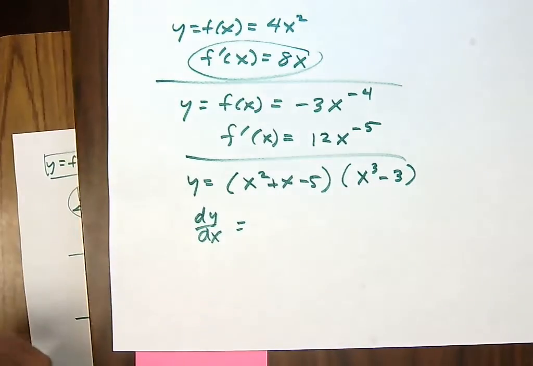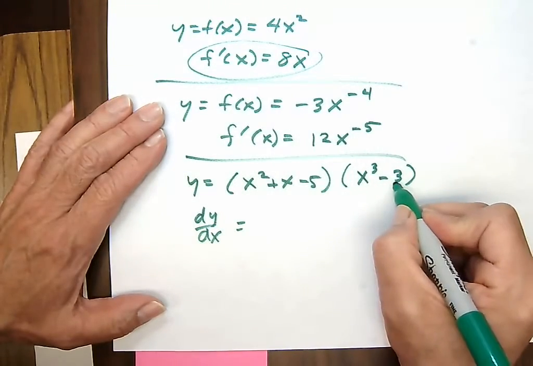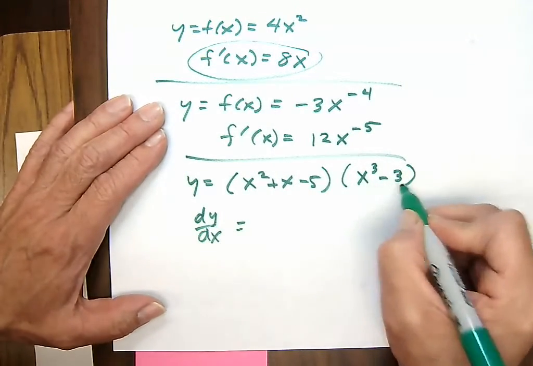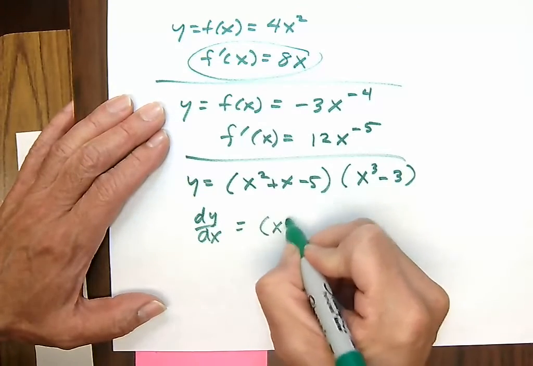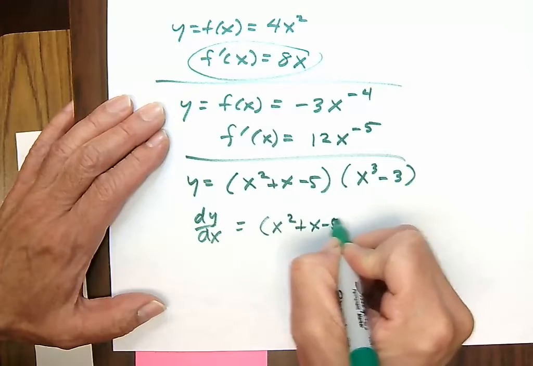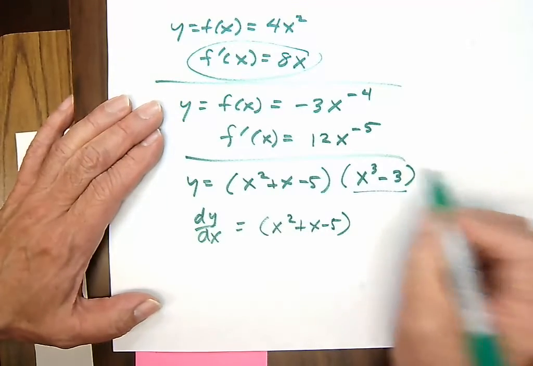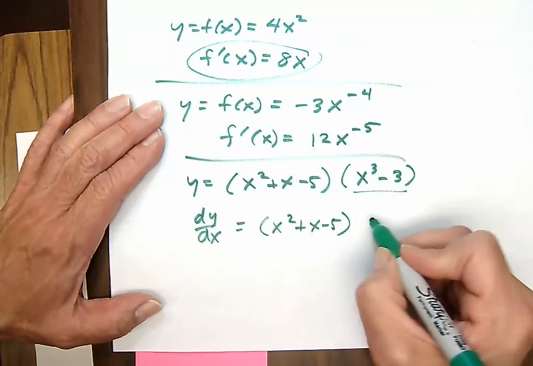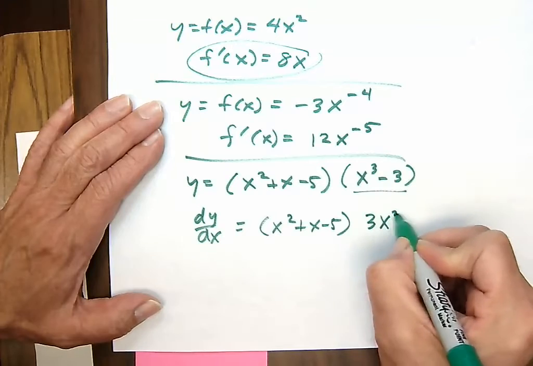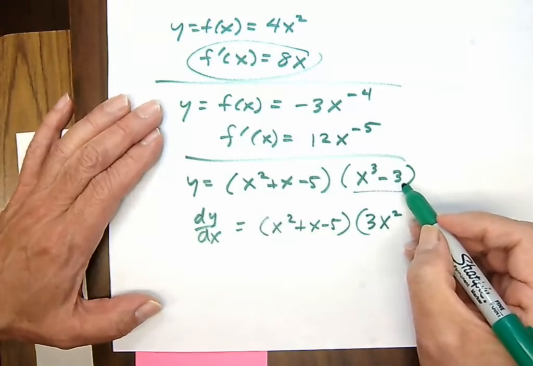Well, using the product rule, it's the first times the derivative of the second plus the second times the derivative of the first. So just rewrite the first, x squared plus x minus 5, times the derivative of the second. What's the derivative of the second function with respect to x? 3 times x raised to the second power. So it's just 3x squared, minus the derivative of 3 with respect to x.